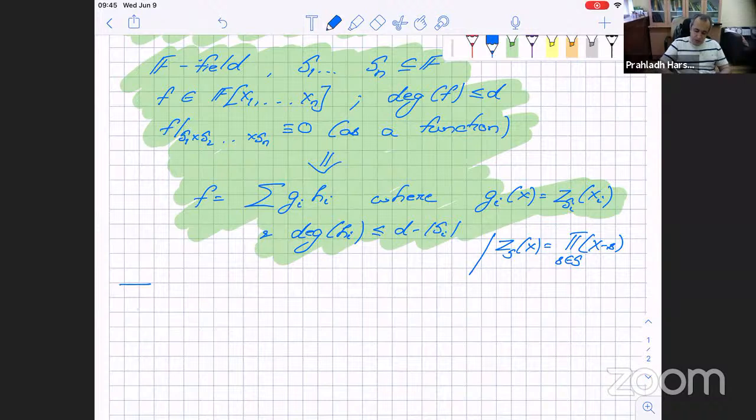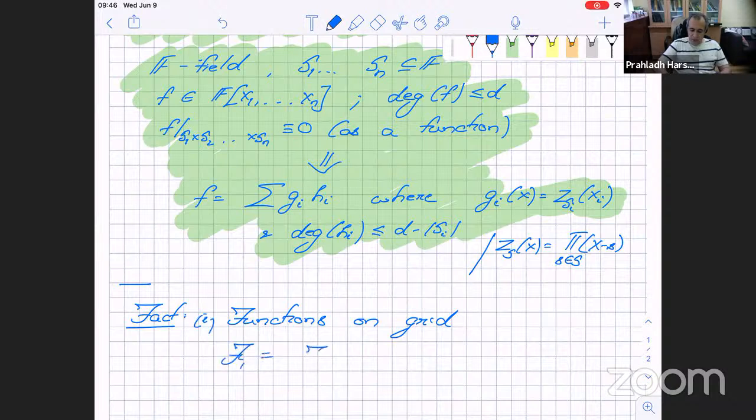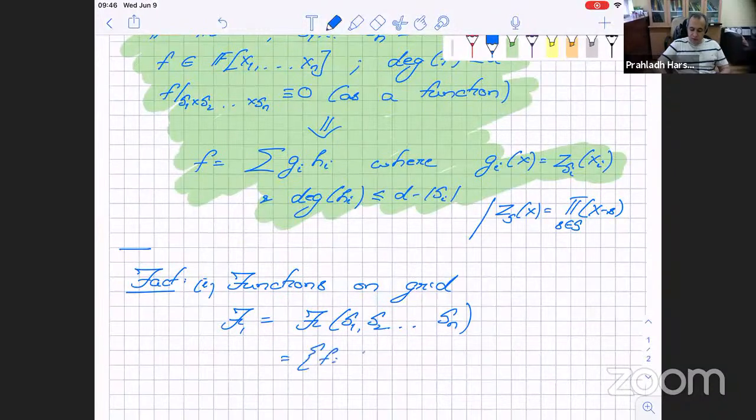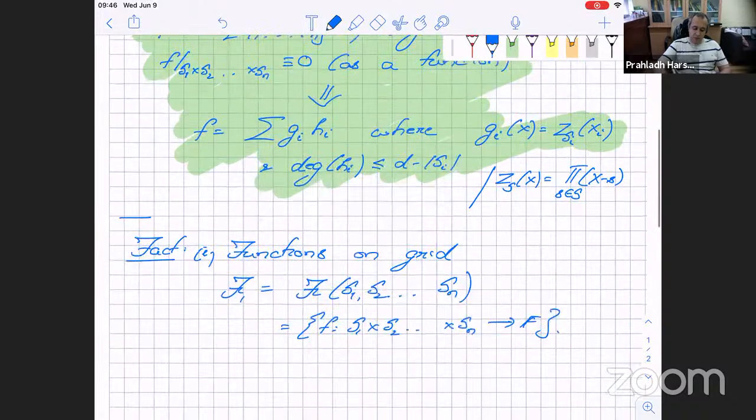And so we used a basic fact. What was the fact that we had used? Once again, we looked at functions on the grid. There were two different sets of functions we looked at. One was what I called F1, which was the set of all functions on the grid S1 × S2 × ... × Sn.